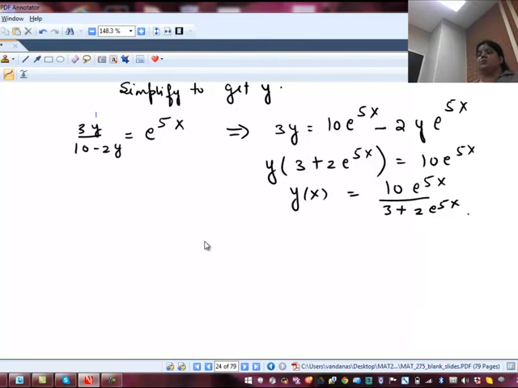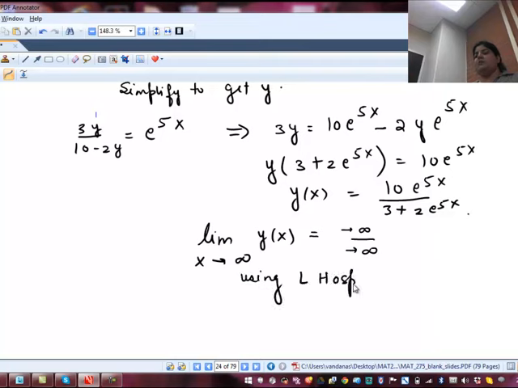So if you try to understand the limit as x approaches infinity of this y of x, your numerator is approaching infinity, the denominator is approaching infinity. So using L'Hopital's rule, the derivative of the numerator will be 50 e to the power 5x, the denominator will be 10 e to the power 5x, e to the power 5x is gone, and the limit will approach 5.